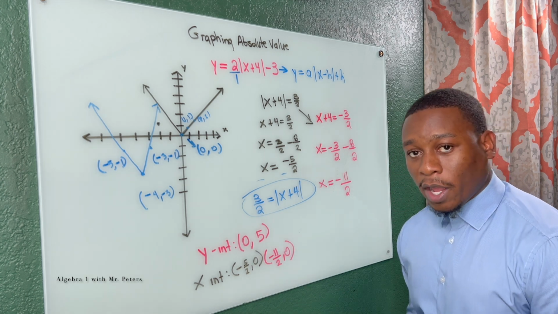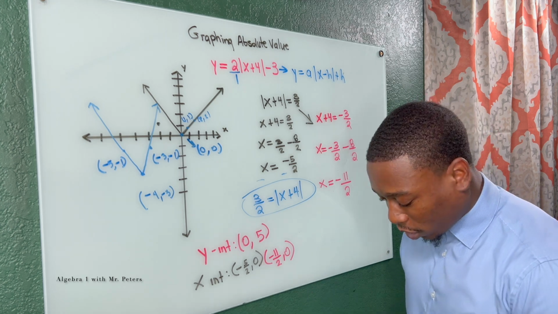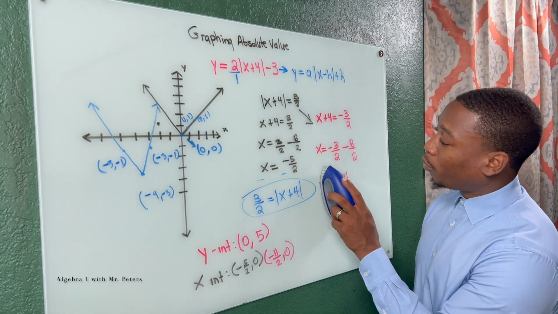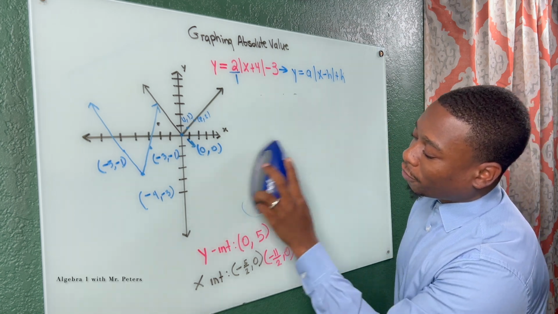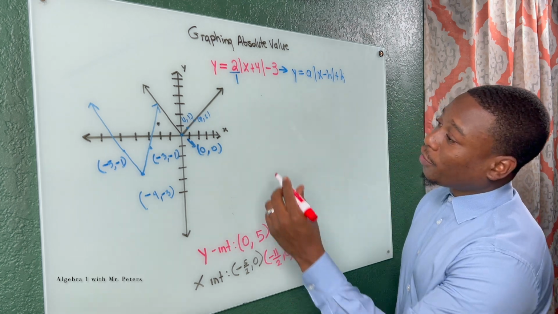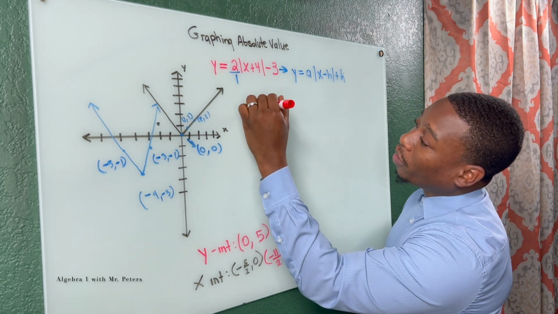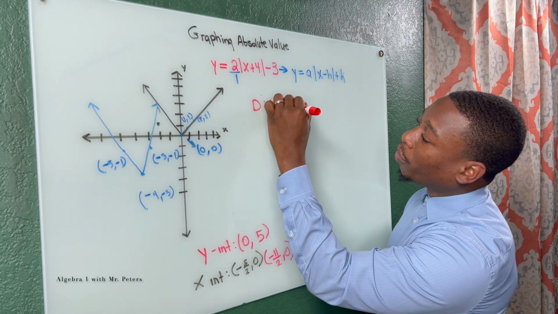Okay, so now before we wrap this video up, we've got the vertex, we've got the x and y intercepts, we know how to find other points. So now let's talk about key features of the graph. So if they ask us for the domain, we should know all real numbers.